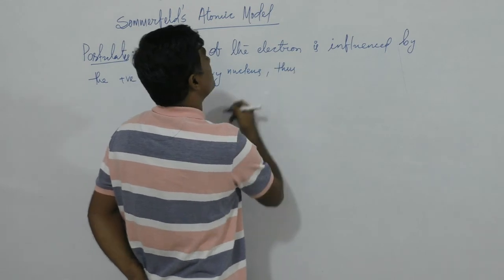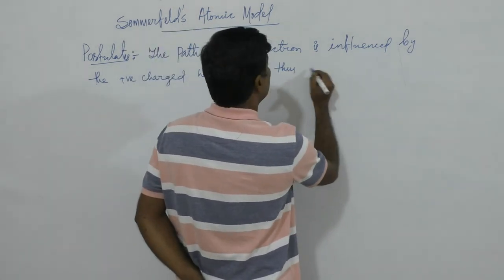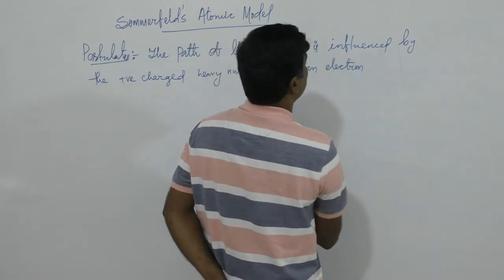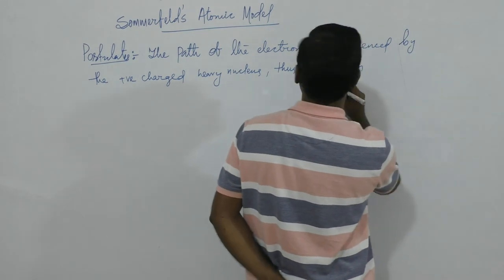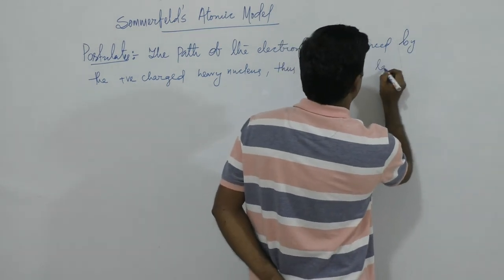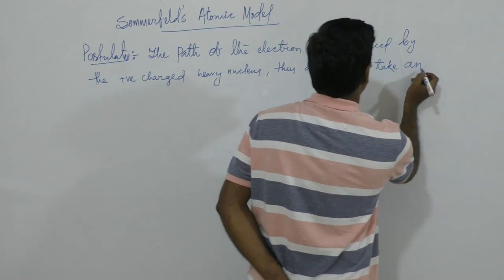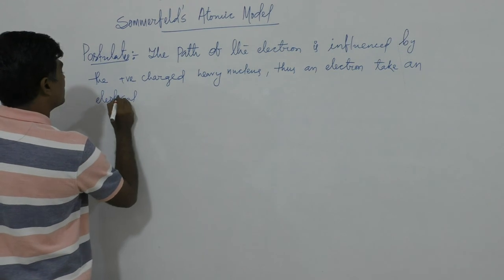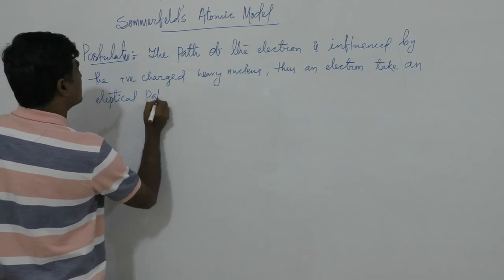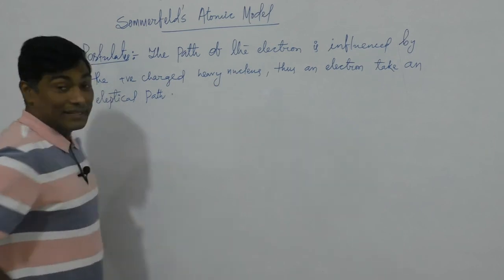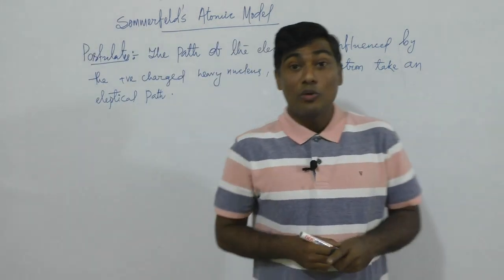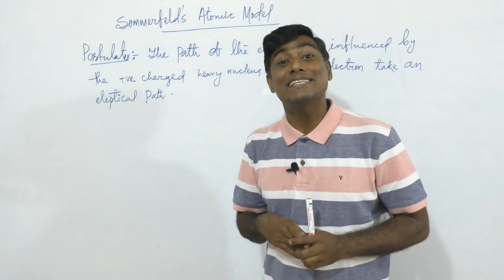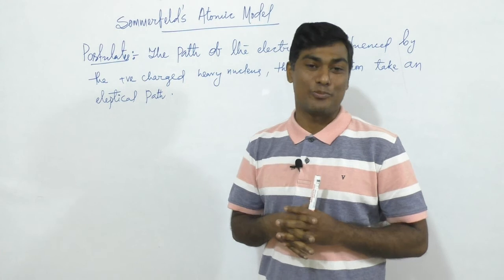Thus, an electron takes an elliptical path. That means from Bohr's atomic model we knew that electrons move around the nucleus in a circular orbit.